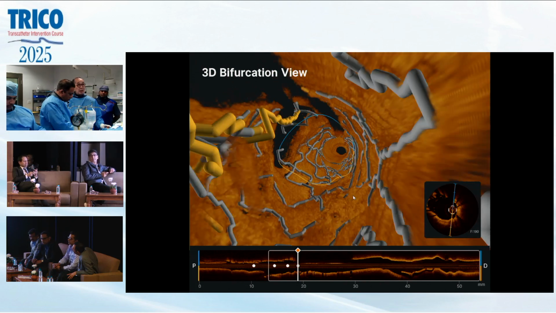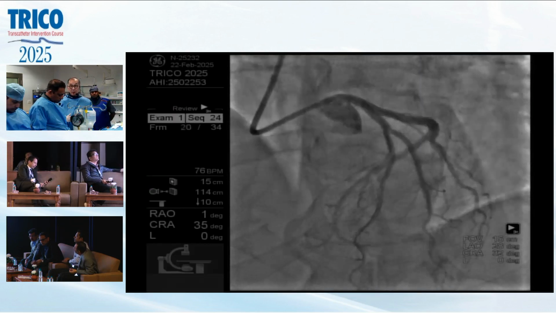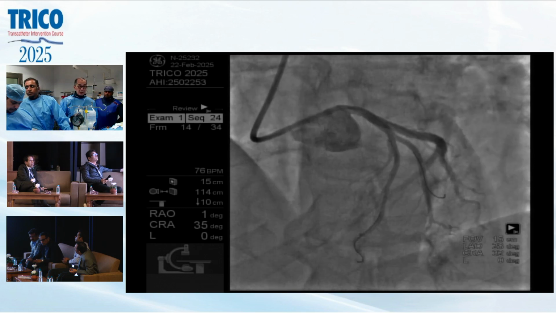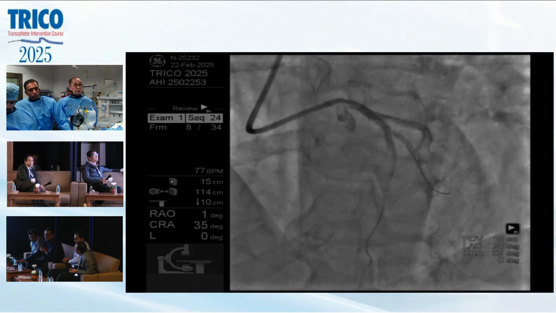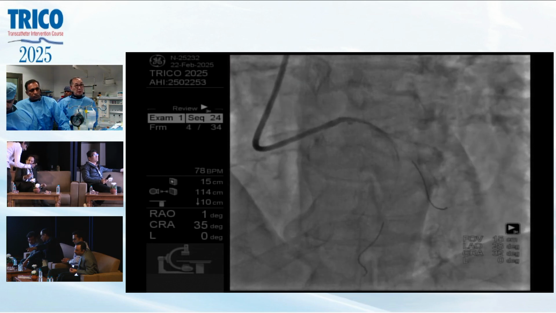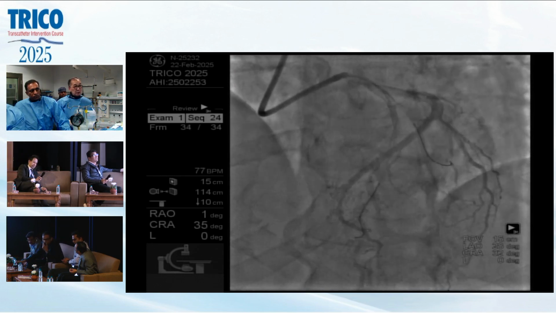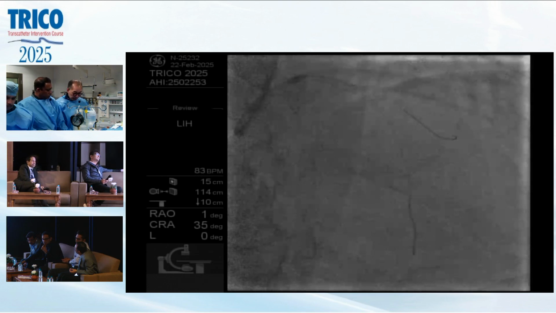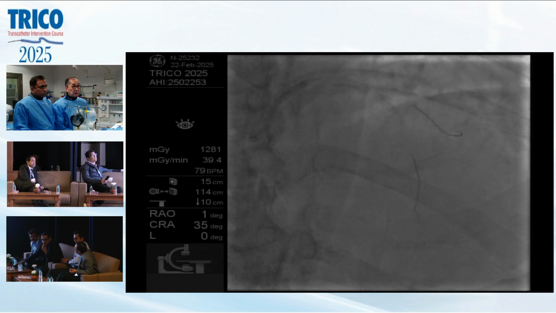If we had the angio FFR nowadays, this angiogram can give very reliable information about the function, the physiology. And this case is a very good case to use angio FFR to show whether we need to intervene on the side branch or not. But since we don't have that here, I think I will just finish it. I pull the wire out, take a picture, and see if anything changes.